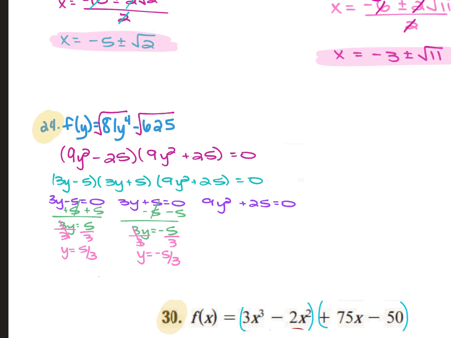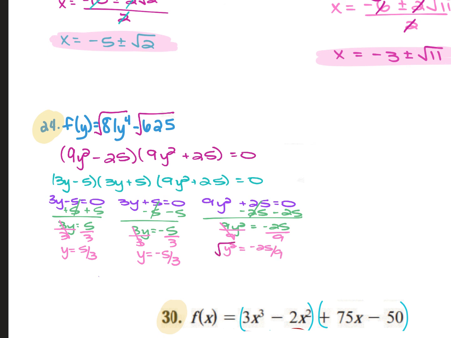Lastly, for the 9y squared plus 25 is equal to 0, move your 25 over first, subtract it from each side. You have 9y squared is equal to negative 25. Then divide each side by the 9. So you have y squared is equal to negative 25 over 9.